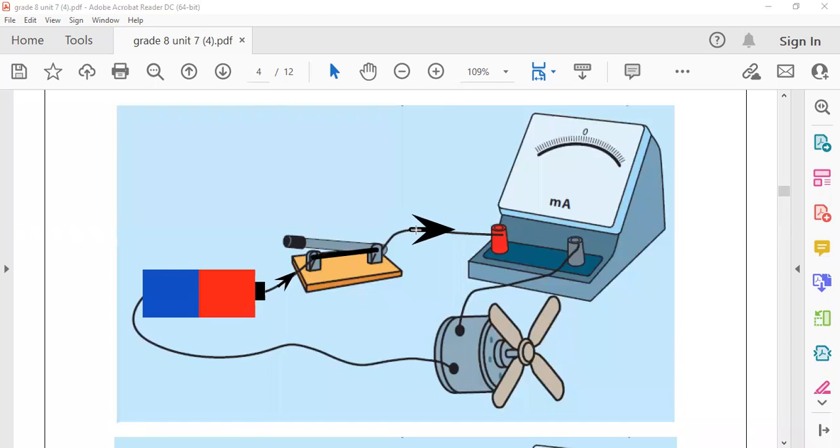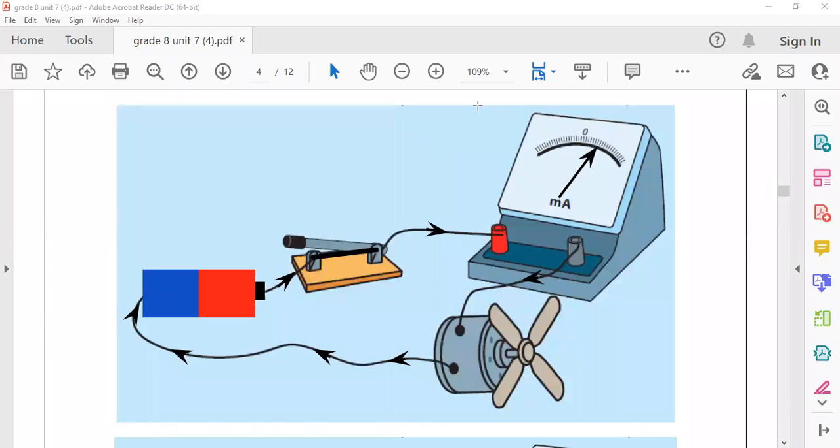Now, current is moving this direction, and finally reaching this end. Correct? Yes. Right. In this case, the indicator will make a reading to this side. Understood?